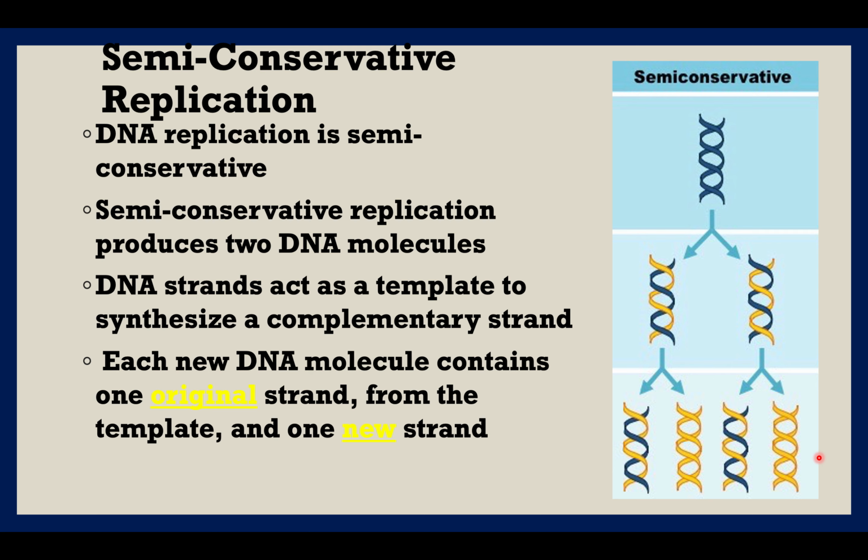Each DNA molecule contains an original strand from the template and one new strand. Now, here we're comparing it back to the original parent strand. But if you think about it, this one is going to be separated into 2 strands, and then each strand is going to serve to make 2 new strands. That is really the definition of semi-conservative mechanism.